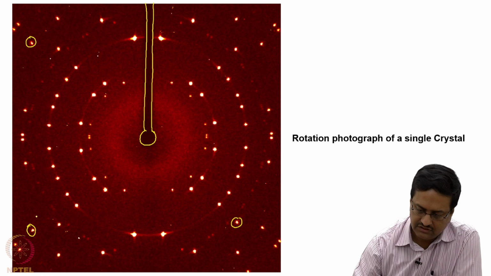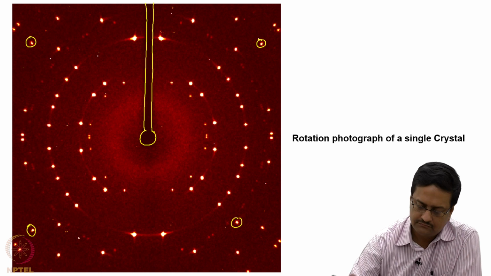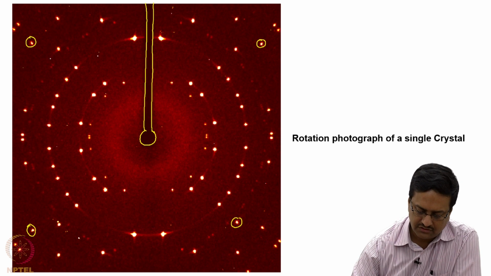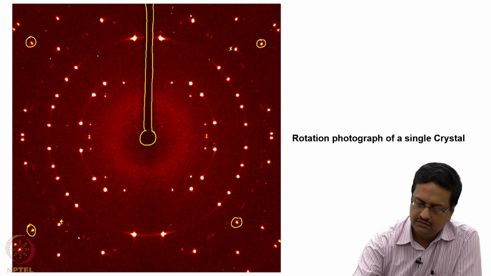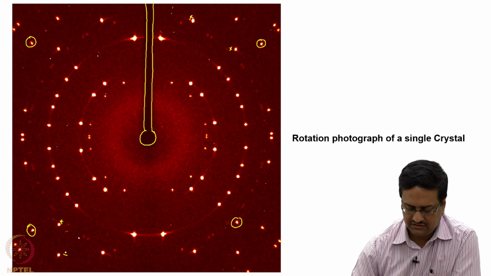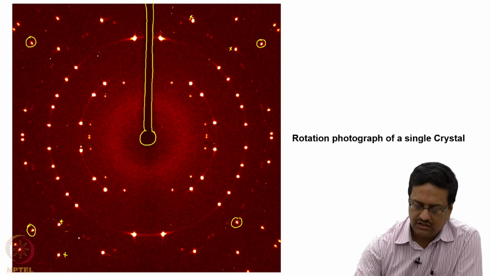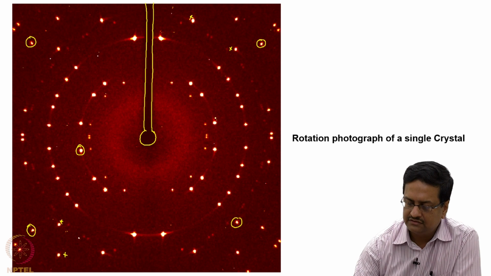This one is inverted there. This spot is inverted here. This spot is inverted here, and so on. So, all these spots which we look at are inverted at some point.